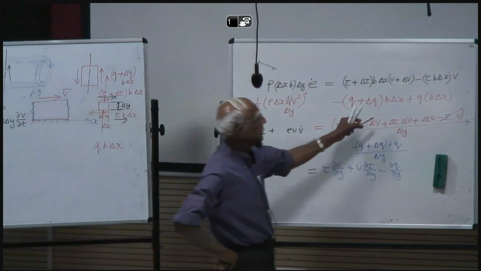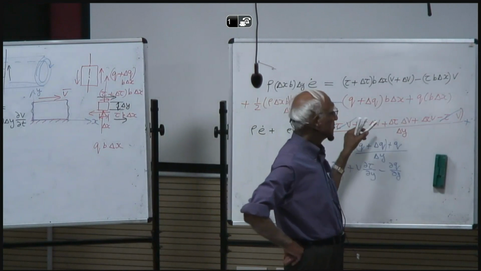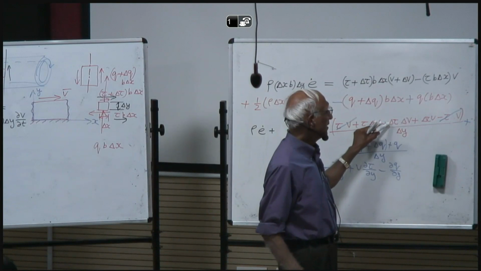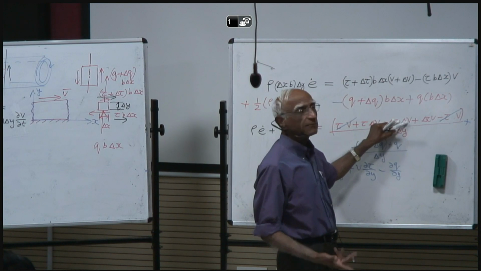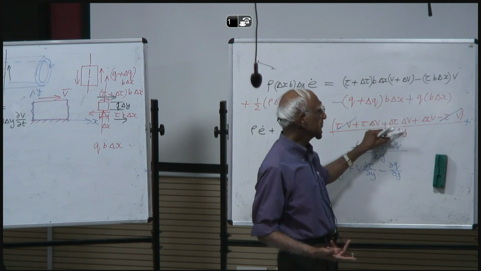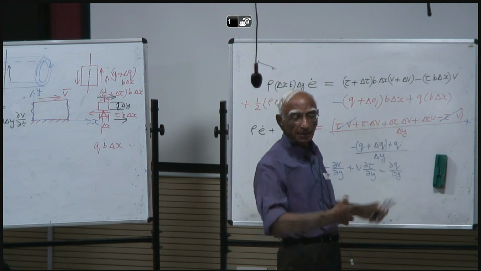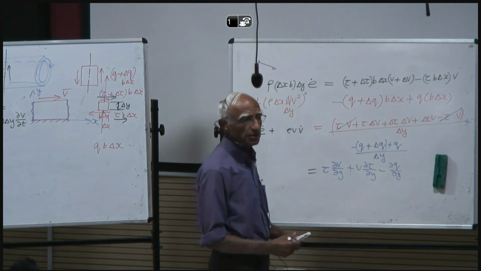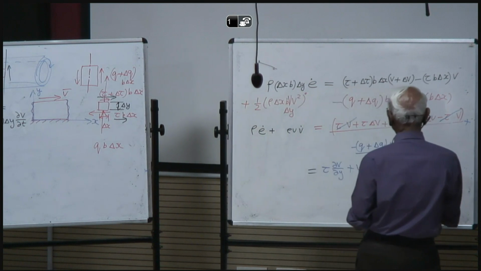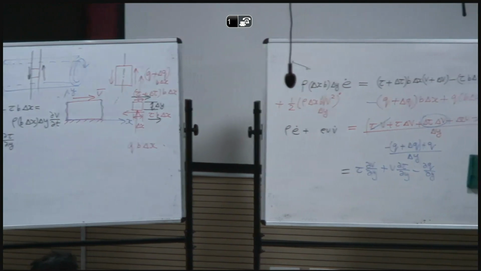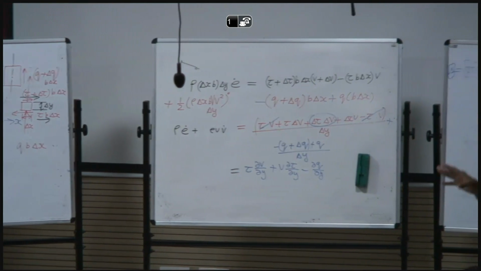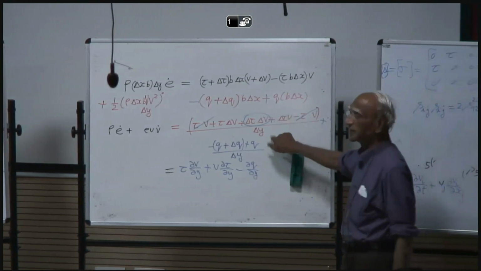This is a second order term. If I say it is delta tau over delta y, then this thing will go to 0. If I say this one, then this will go to 0 in the limit when delta v goes to 0. So this term is not contributing because it is a second order term. That's why when you take the limit, this goes to 0 faster than this one.